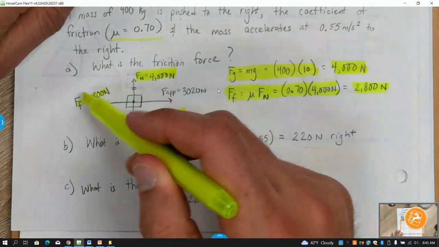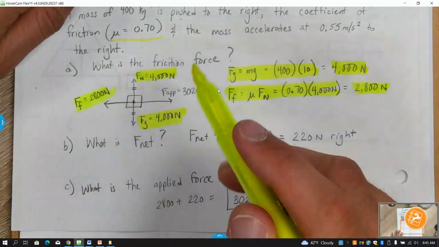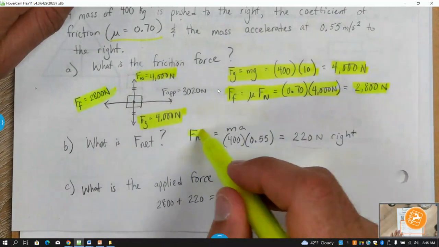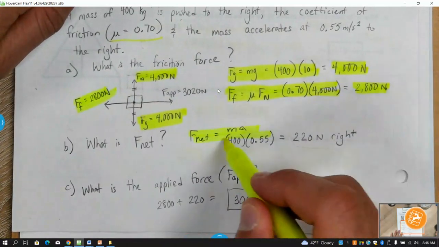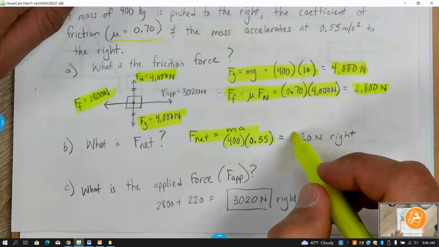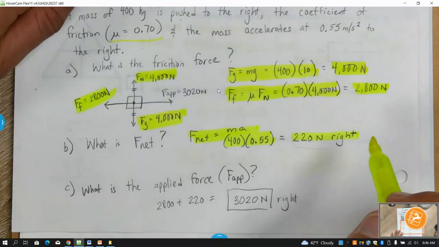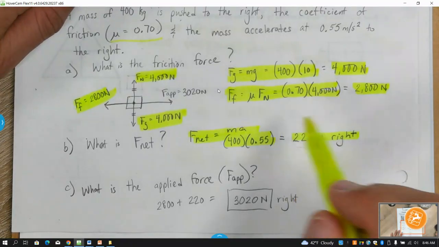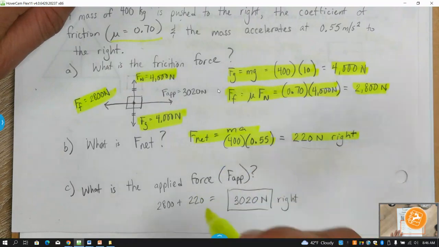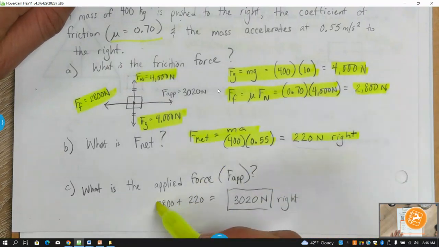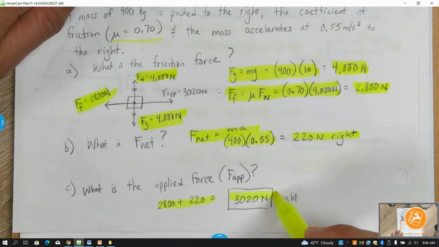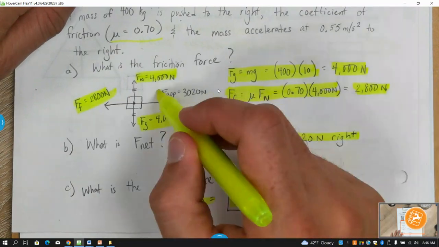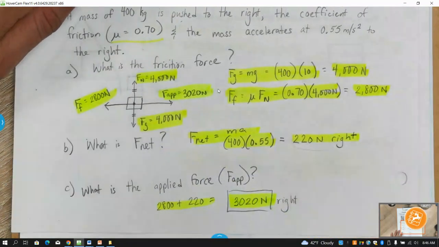Draw it in, 7th point. You have enough information to find this. 8th point, 9th point. And then pretty much figure it out. 10th point, 11th point.